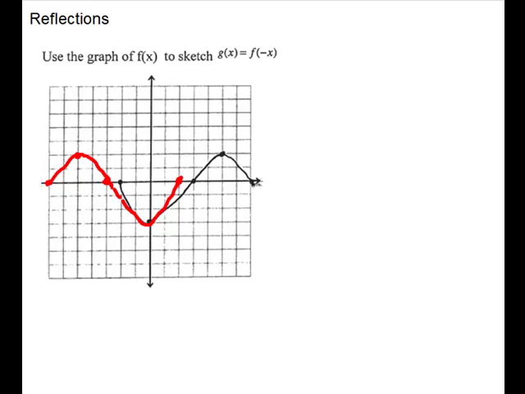We will also do it from the table, just like we did on the other one. So we'll make our original table. Right, our original table, we had -2, 0. We had 0, -3. We had 3, 0. We had 5, 2.